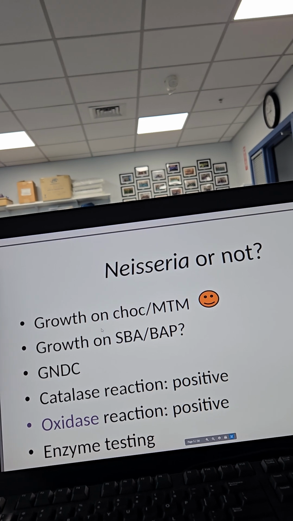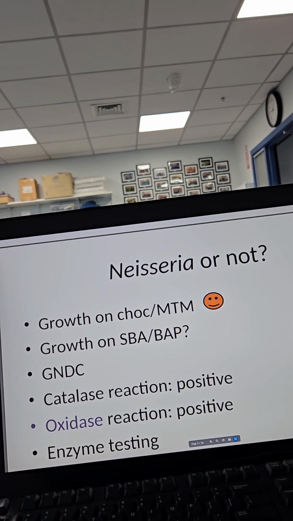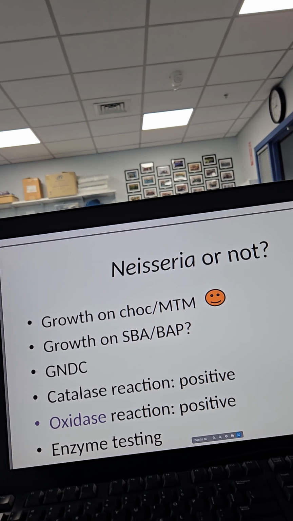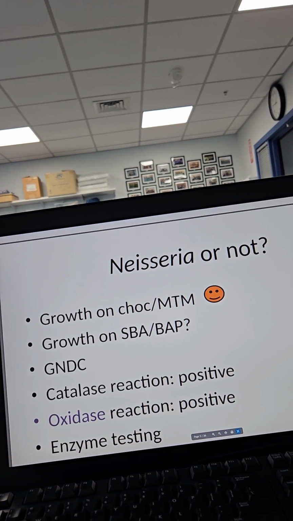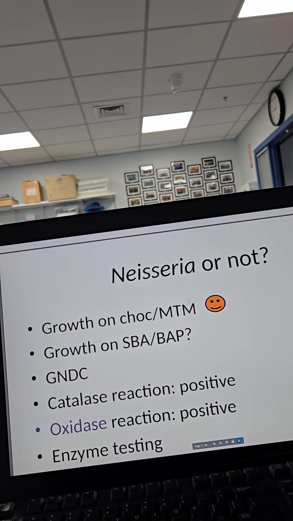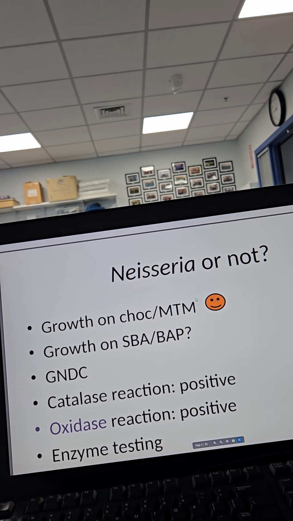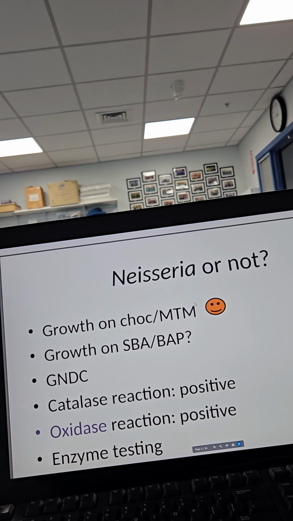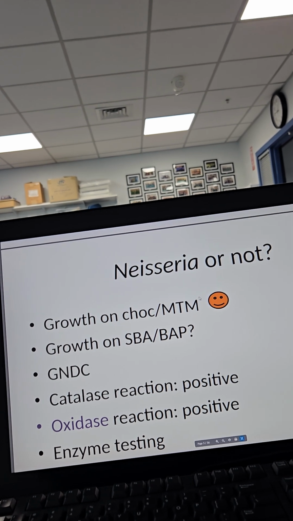Well, typically the Neisserias will grow, all of them will grow on chocolate. Okay. And Neisseria meningitidis and Neisseria gonorrhoeae will grow on Thayer Martin.